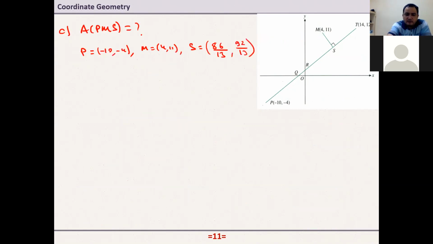Assuming this is correct, we need to find the area. One way is to find the distance between P and S, since it's a right-angled triangle. But how about using that formula?